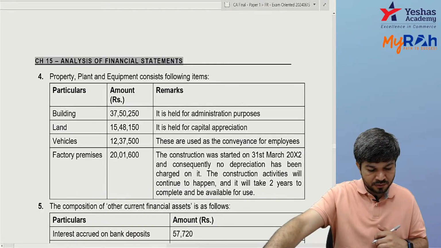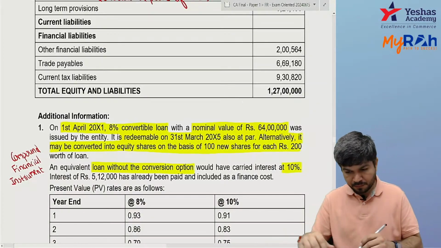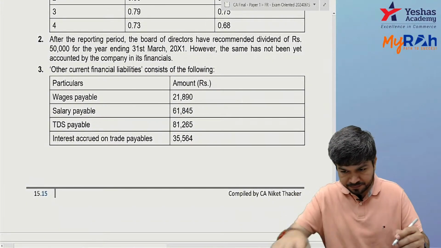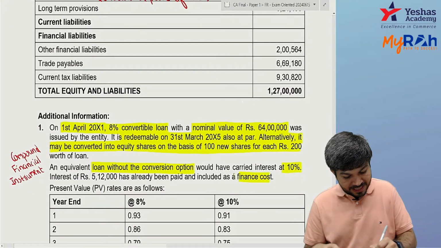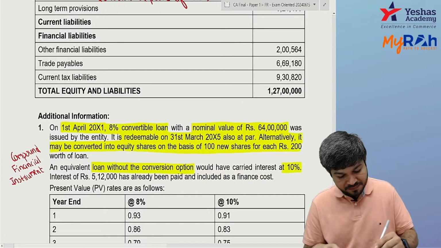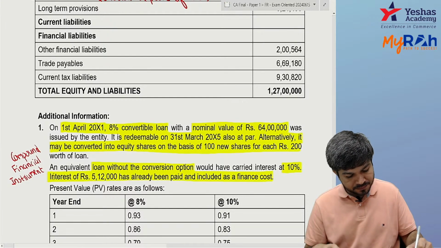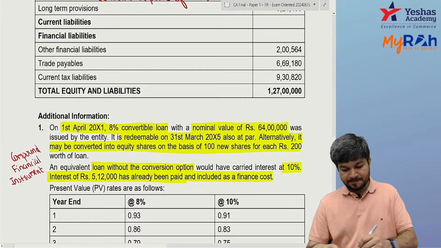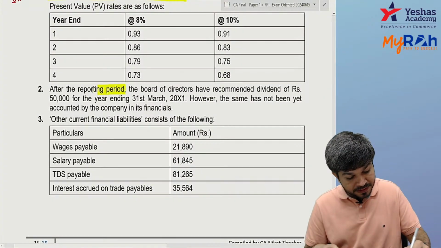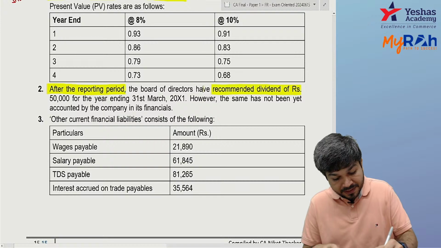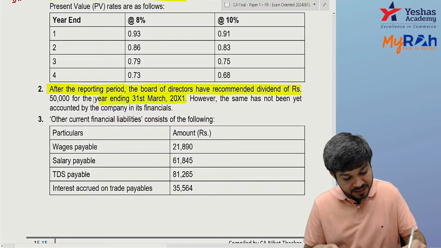Now let's move ahead to other points. First point done. They've written interest of 5,12,000 paid and included as finance cost. Now after the year end, directors have recommended a dividend of 50,000.